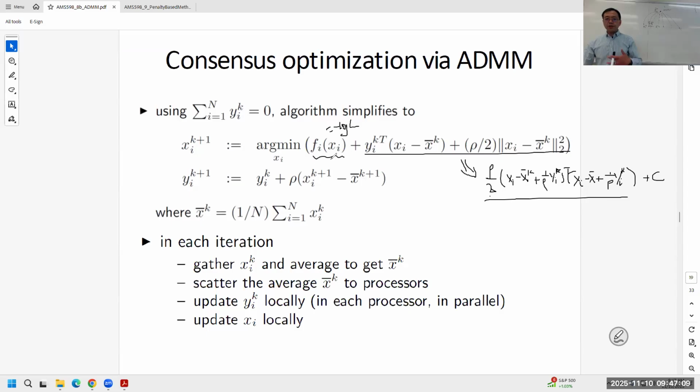If you take the exponential on both sides, on the whole function, what you have is your likelihood function multiplied by e to the power of this term, right? Because the target function here is on the log scale.